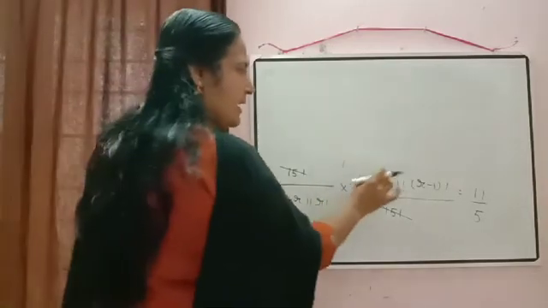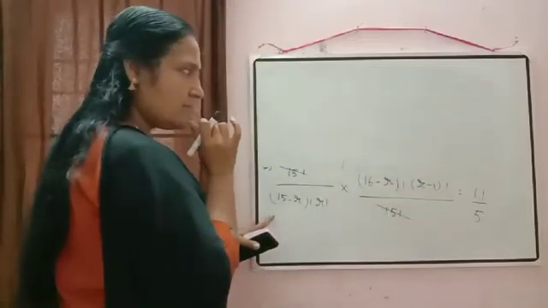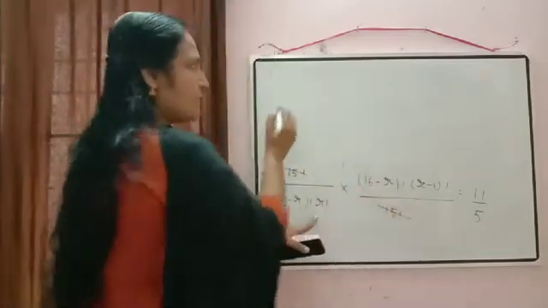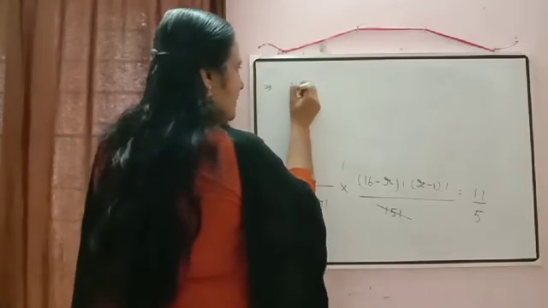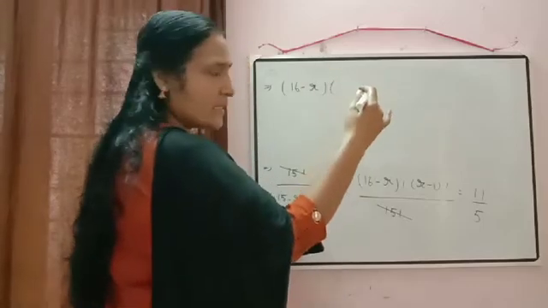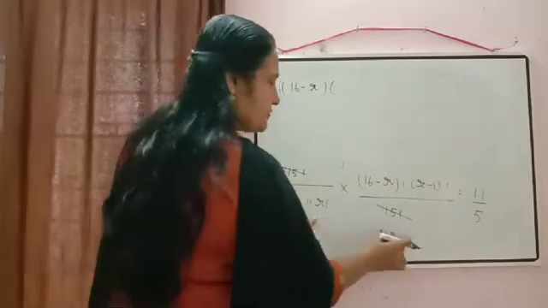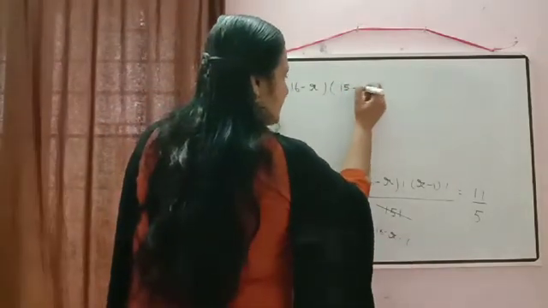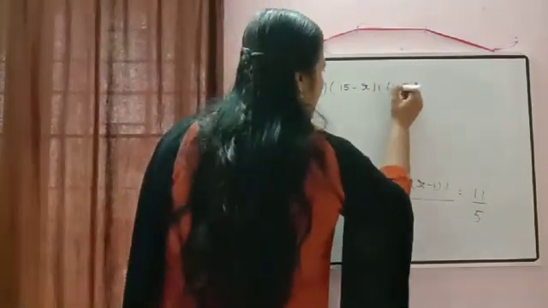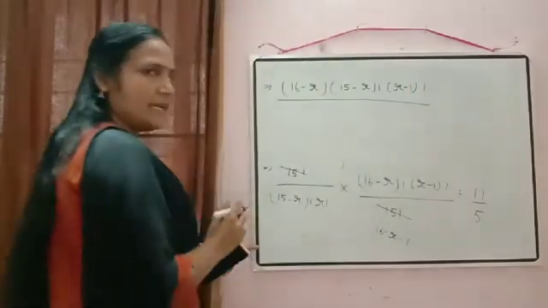Yes, correct. 16 minus R is greater. And here R and R minus 1 are there, so which one is greater? Obviously R is greater. So (16 minus R) factorial can be written as, first one will come 16 minus R into, now we keep on subtracting 1, 16 minus R minus 1. So 16 minus 1 is 15, so we are getting here (15 minus R) factorial. This (R minus 1) factorial we will write down as it is, no change, because in the denominator we have the greater number.